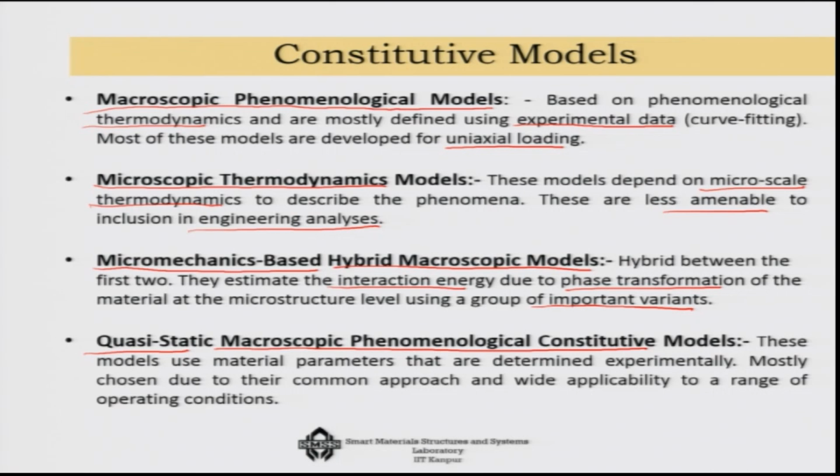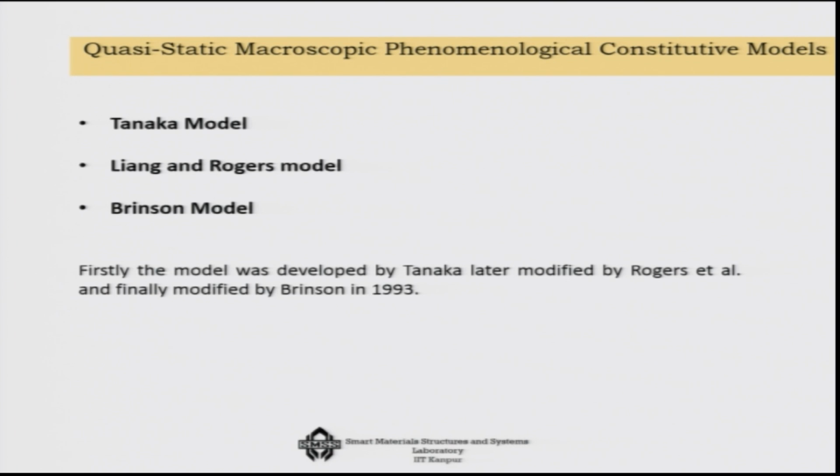These models use material parameters that are determined completely experimentally, mostly chosen due to their common approach and wide applicability to a large range of operating conditions. So, in our constitutive modeling, we will focus on the macroscopic and the quasi static macroscopic phenomenological models in the constitutive relationships that we will consider.